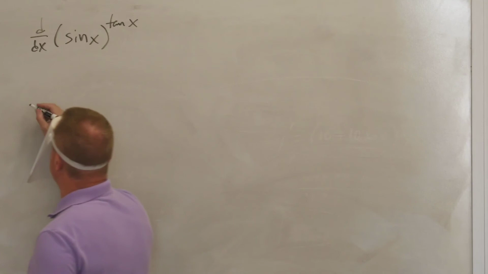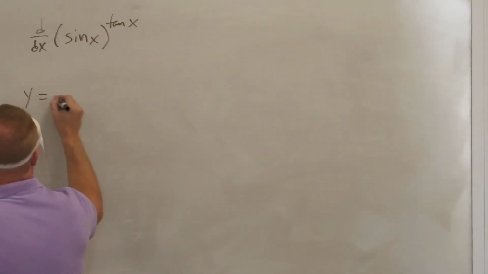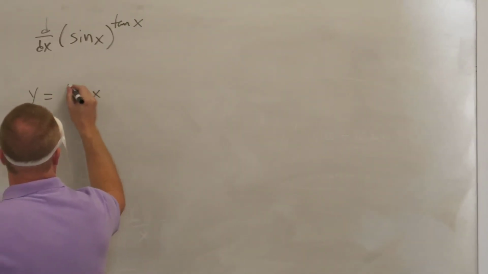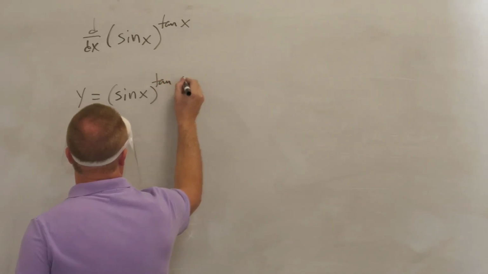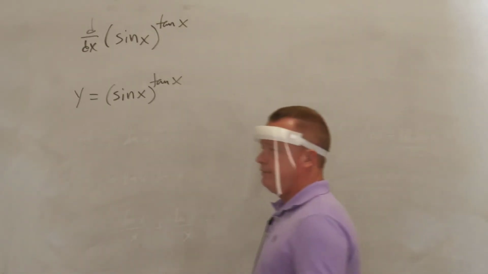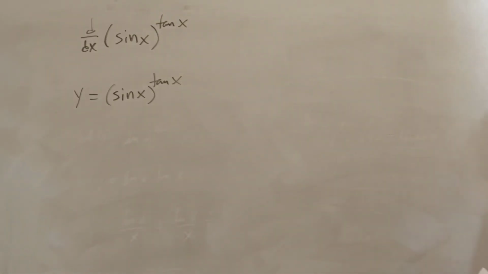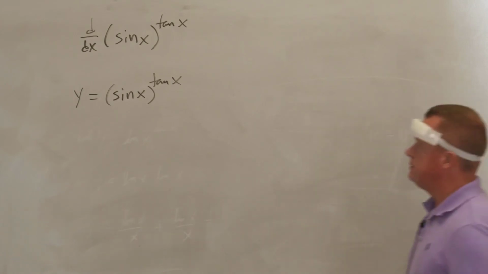So again, notice your base is a function of x and your exponent is a function of x. So the only way to do the differentiation is logarithmic differentiation. First thing, I'm going to set that equal to y. Okay. And I'm going to take the ln of both sides.